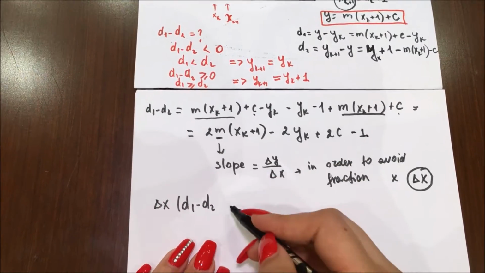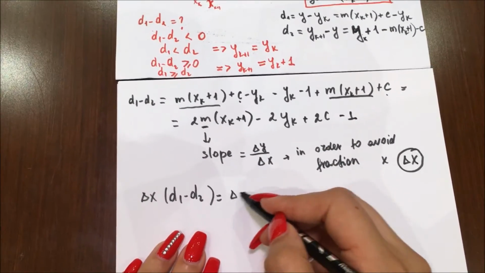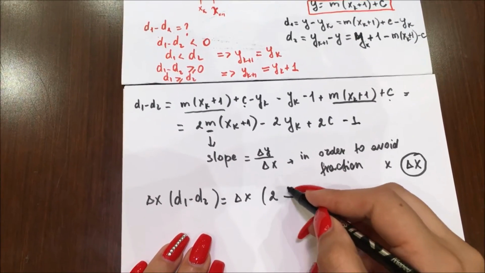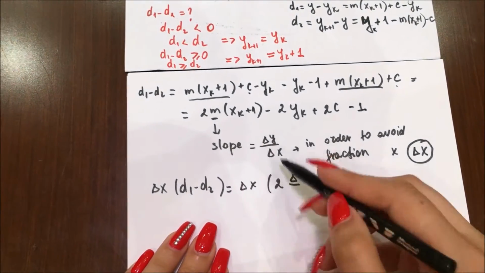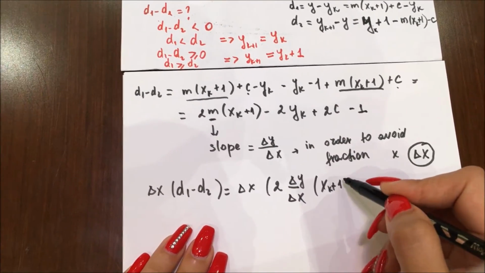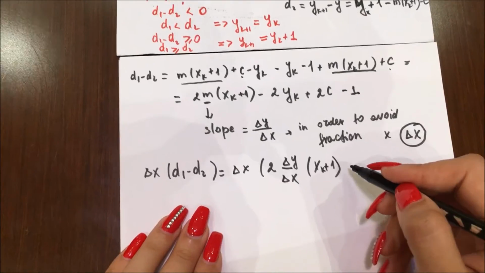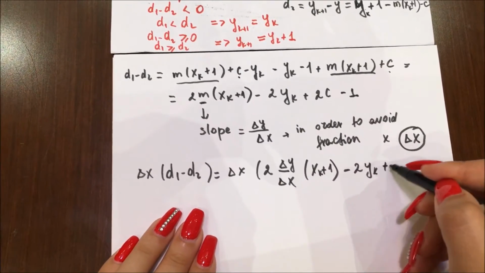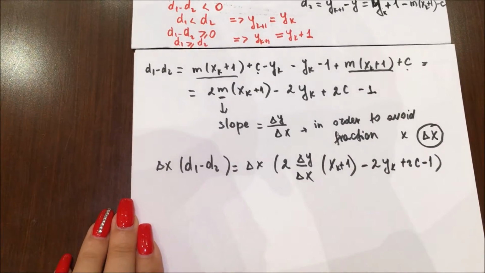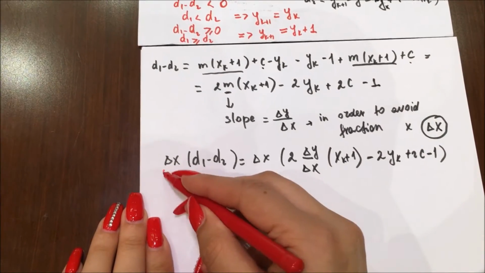So if we multiply each side by delta x, our equation will be delta x into (d1 minus d2) equals delta x into 2 delta y divided by delta x into (xk plus 1) minus 2yk plus 2c minus 1.